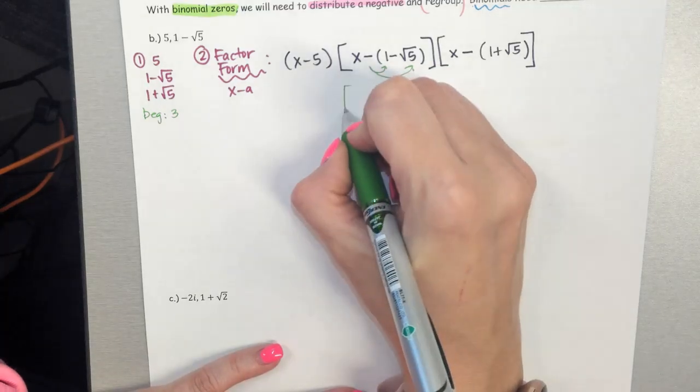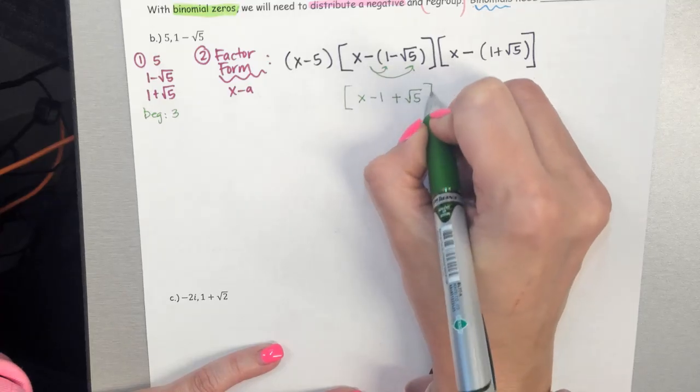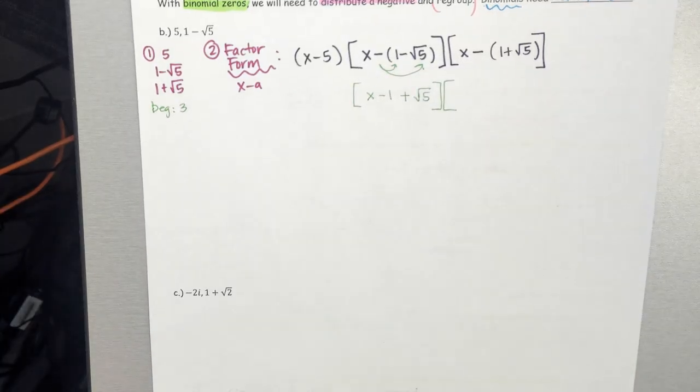Okay, so then this is going to be x minus 1 plus root 5. And I want you to distribute for the second one. And then I'm going to show you how we're going to regroup.